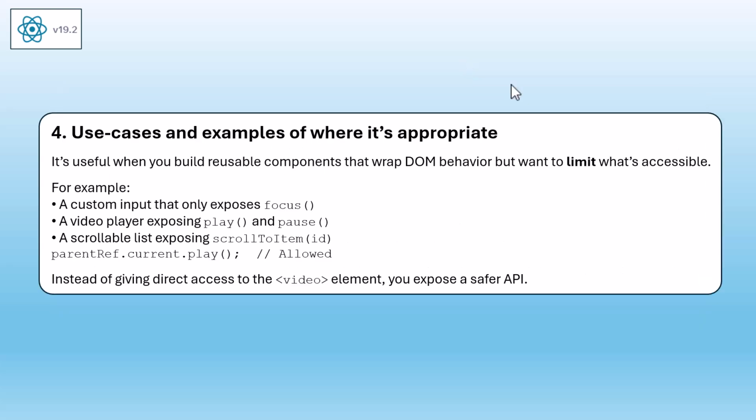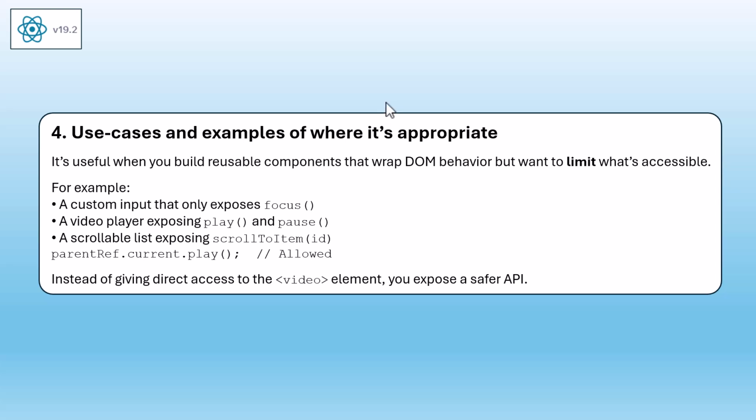4. Use cases and examples of where it's appropriate. Let's talk about when it's appropriate to use this hook. One scenario is when your component wraps a native element or an underlying API, but you only want to expose specific methods to the outside. For example, you might wrap an input element but expose only a focus and scrollIntoView method, hiding all the other DOM methods.